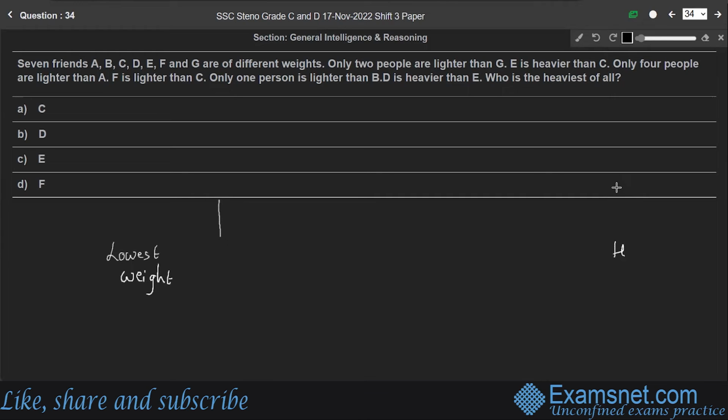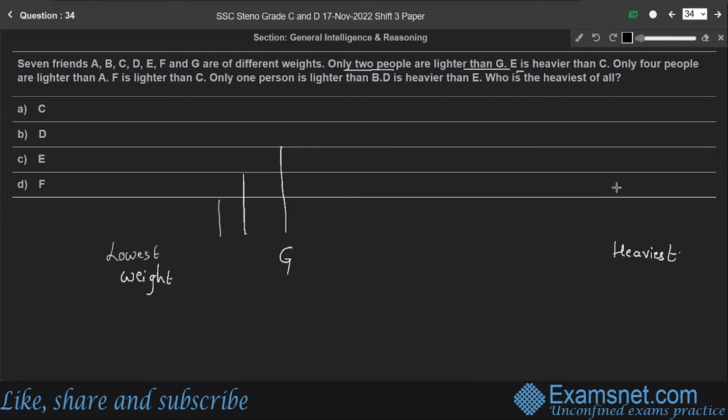Lightest to heaviest. It is given that only 2 people are lighter than G, so that means G is the third lightest, right? So G is the third person.